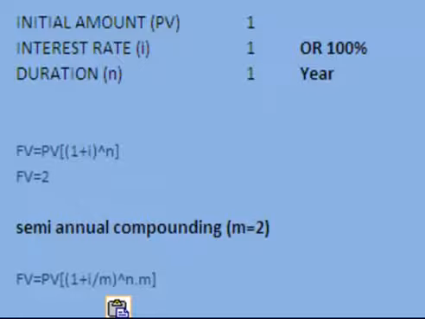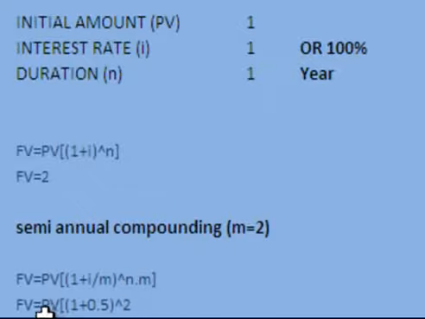Now in this example we know that the interest rate is 1 and m is 2 and duration is 1. If we put the values of interest, duration and the compounding frequency, the equation would look like the future value equals present value multiplied by 1 plus 0.5, because 1 divided by 2 equals 0.5, raised to the power 1 multiplied by 2, because n is 1 and m is 2.